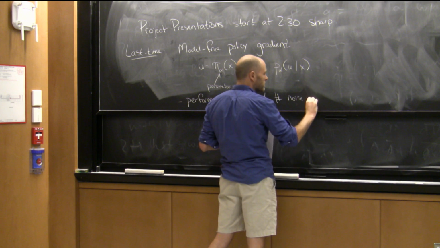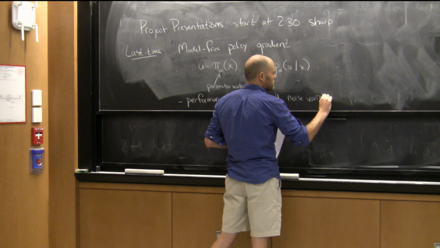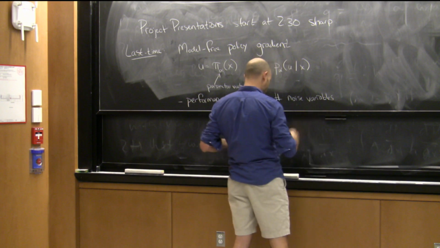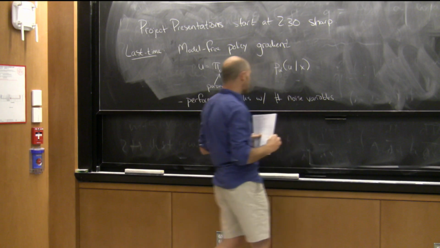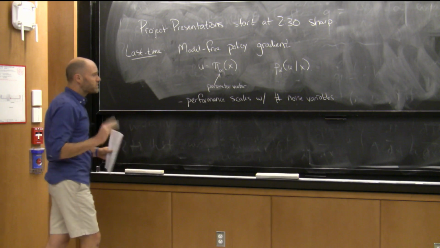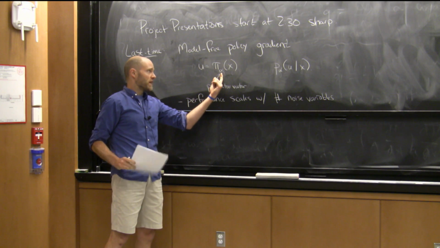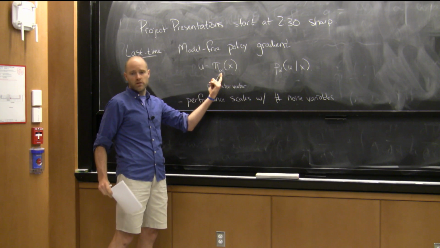Number of noise variables, that's kind of a weird thing to say. Noisy samples or something, but on each step. So when we did the pure weight perturbation, it's like the number of parameters in your system. The length of the vector alpha is what determined it.